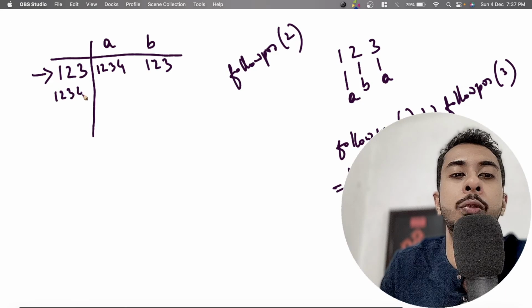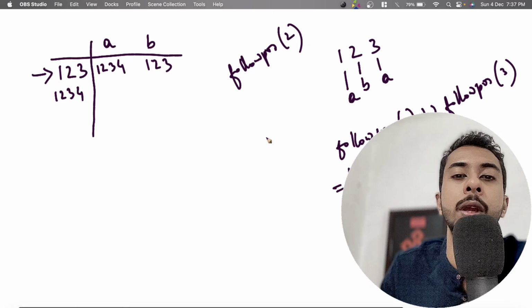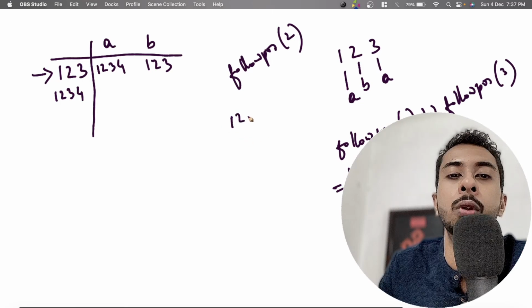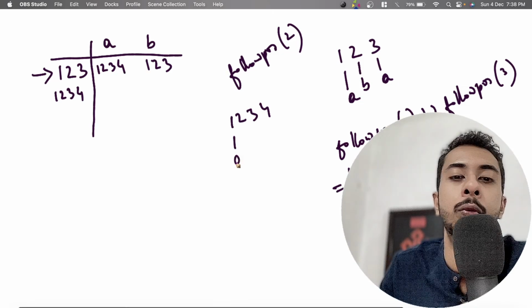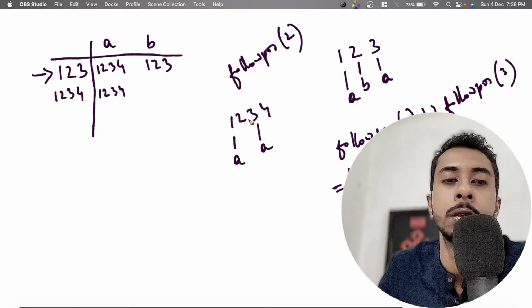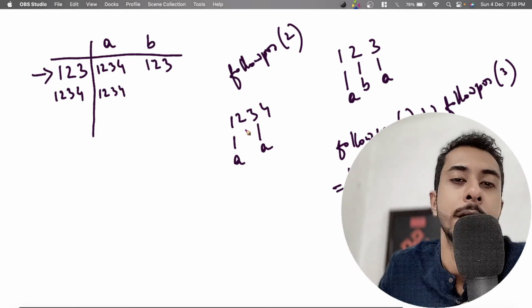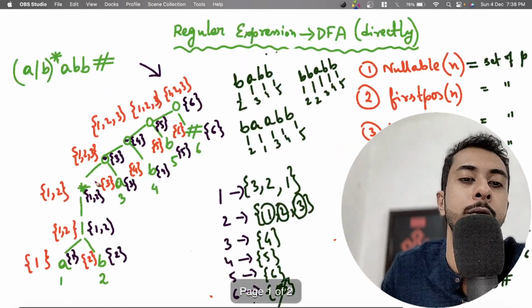Now, while drawing our DFA, whenever a new state comes, we need to find the transition. So 1 2 3 4: what will be the transition on A? From 1 2 3 4, which positions are corresponding to A? 1 and 3. So again we find the Followpos of 1 and 3, that is 1 2 3 4 again. What is the position corresponding to B? 2 is a B and 4 is a B. You can check it from here.